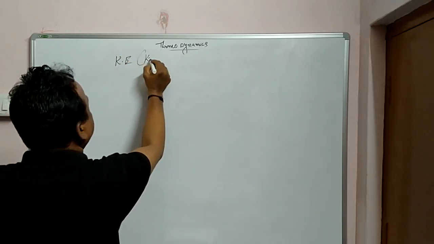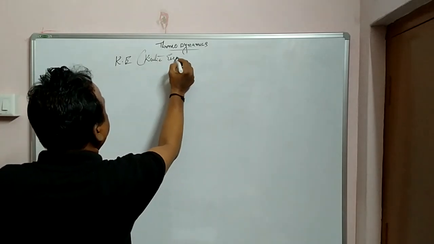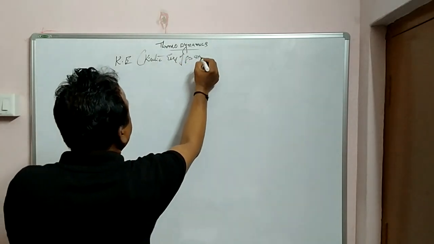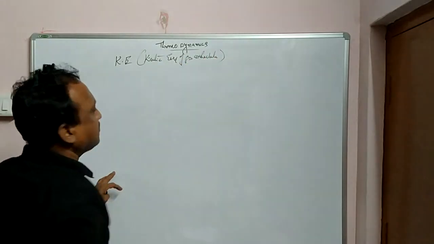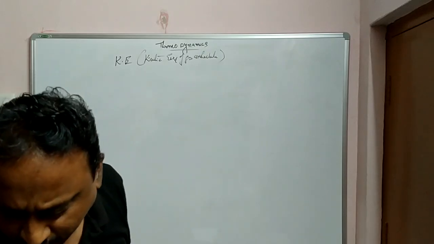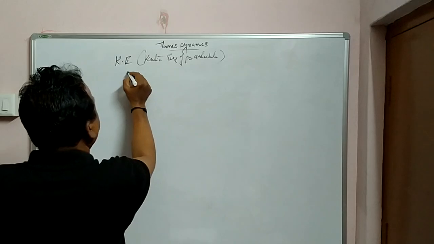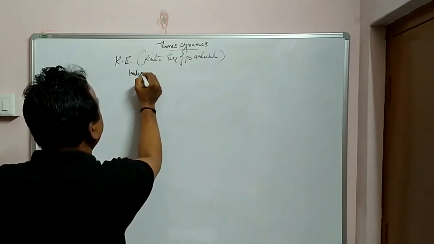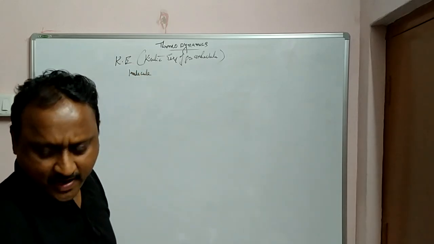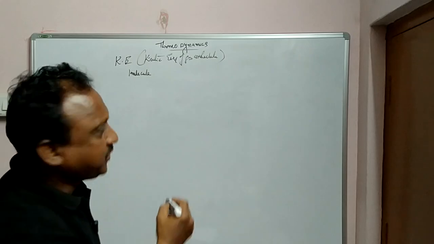Generally we have some formulas for the kinetic energy of one molecule and of 1 mole. See, the kinetic energy of one molecule is given by F by 2 into kT.